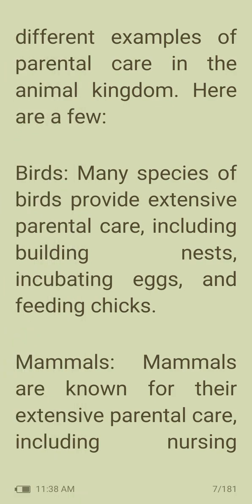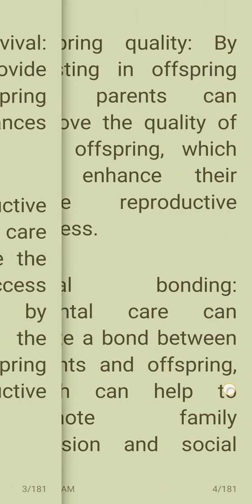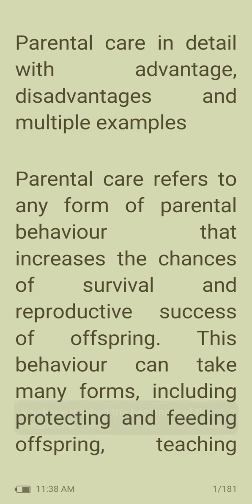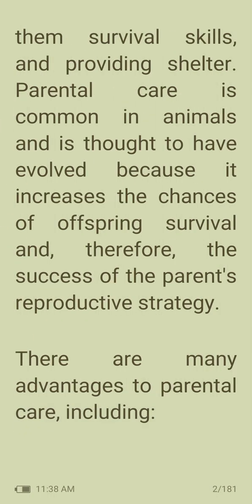Here are a few. Before moving on to the complexities, let's once again have a quick recap. Parental care refers to any form of parental behavior that increases the chances of survival and reproductive success of the offspring. It takes many forms, like protecting and feeding offspring, teaching important survival skills, and providing shelter.